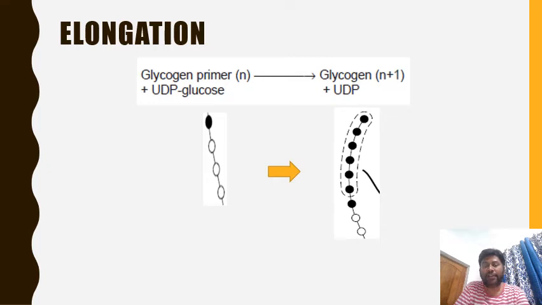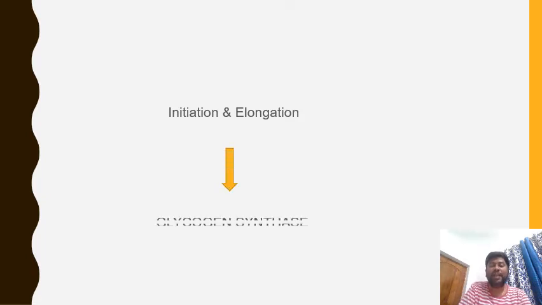Since both initiation and elongation follow the same pattern of reaction, the enzyme for these two processes is also the same. Both initiation and elongation of glycogen synthesis are done by an enzyme called glycogen synthase, which is one of the major enzymes and the rate limiting enzyme in the glycogen synthesis process.